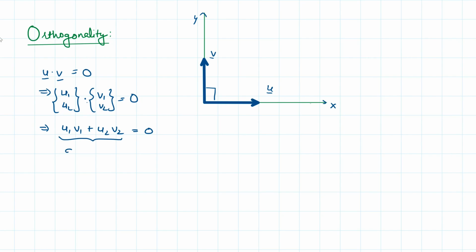And this is our dot product or inner product. The condition here satisfies the orthogonality.